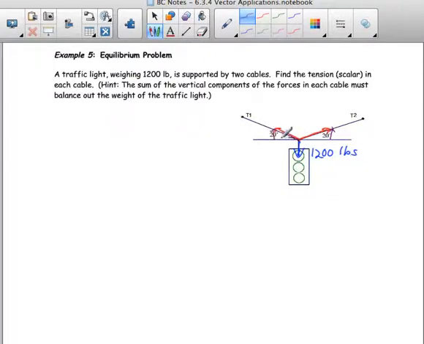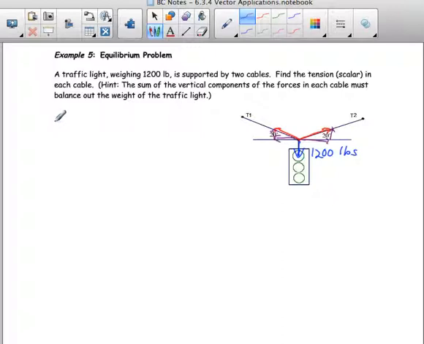Okay, so I'm drawing in the components of each of these forces that are traveling along the cable. Since we have a total of 1,200 pounds that's going down, each of these cables, since their angles are both 20 degrees, is going to equally support the traffic light, and the vertical component of each of the cables will be 600 pounds, right?